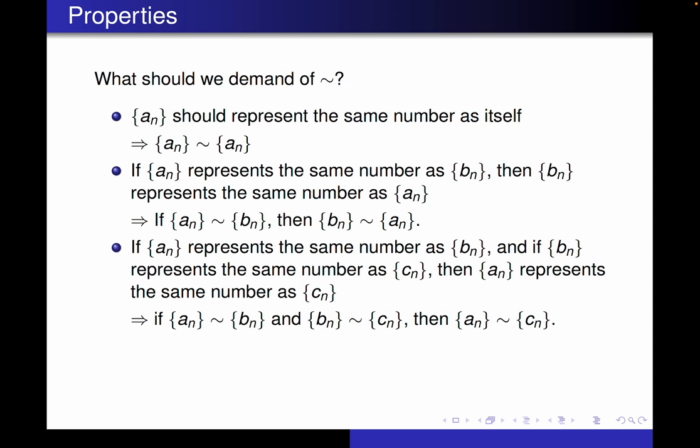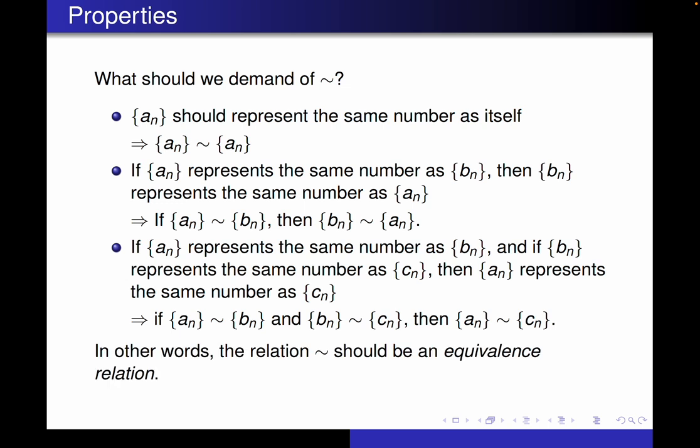Now those properties should look a little bit familiar. That first one is called the reflexive property. The second one is called the symmetric property, and the third one is called the transitive property. Put them all together, and you get what is called an equivalence relation. So we need to prove that the relation tilde is an equivalence relation. If it's not, then it's not a good way of determining when two different sequences represent the same number.